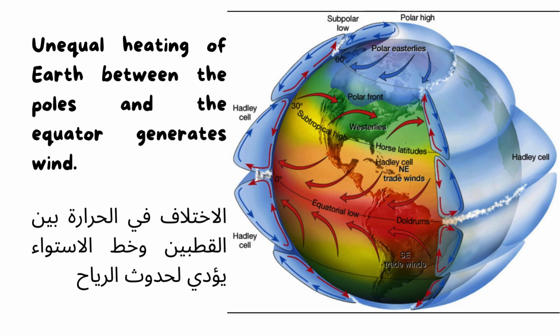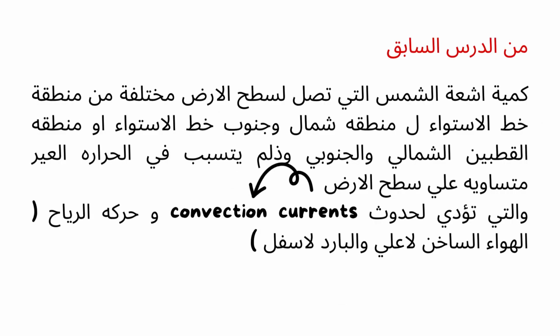The unequal heating of Earth between the poles and the equator generates wind. As we know, there is unequal heating on Earth's surface, as the amount of sun rays that reach the Earth's surface is different in the equator area from the areas north and south of the equator, and it is different in the areas far away from the equator, okay, as we studied last lesson.